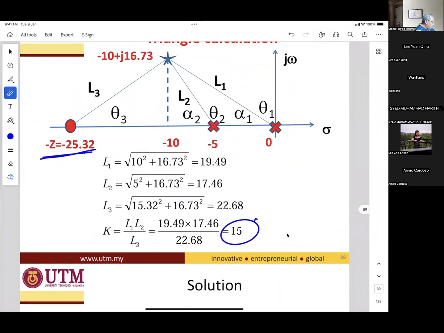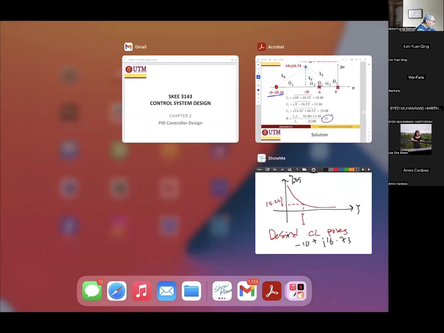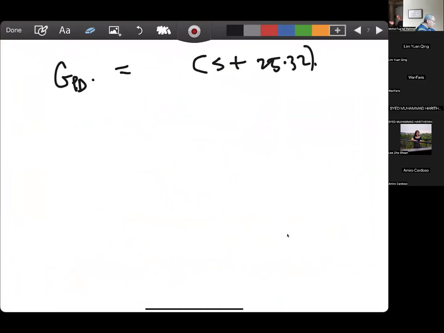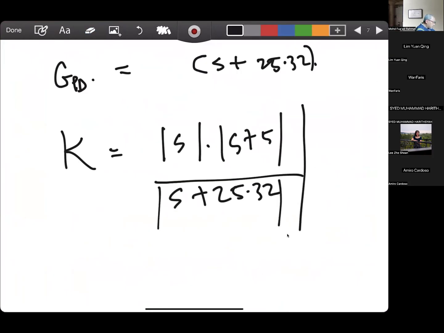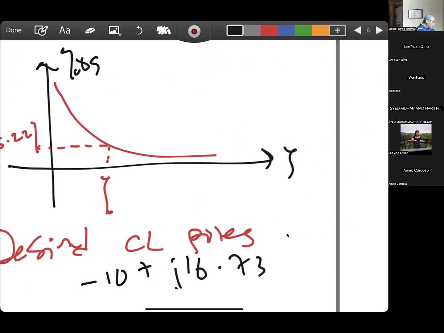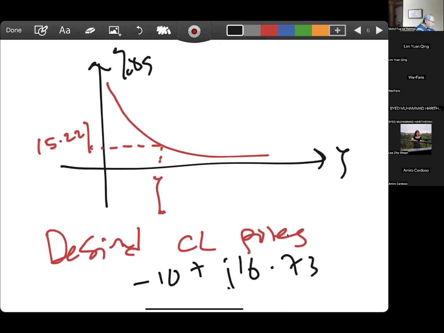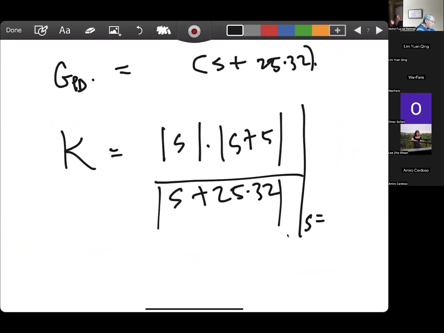You get 15 from the calculation K equals the magnitude of s plus 5 and s plus 25.32, where you replace s with the dominant pole, minus 10 plus j16.73.